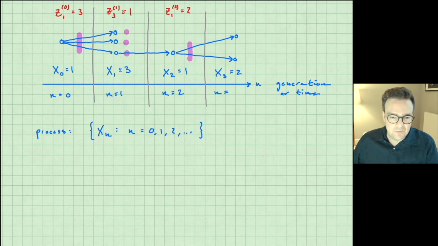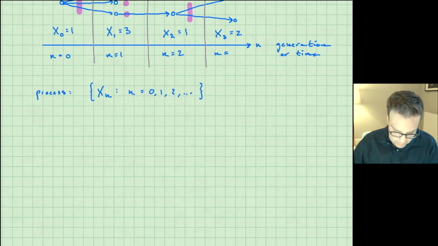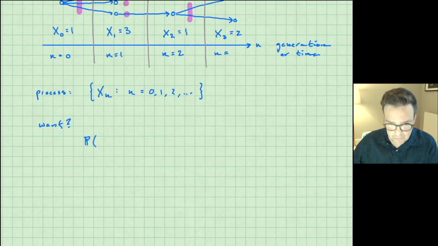You might think that it seems plausible that we would start this discussion by looking at the transition probabilities. So you might imagine that you're interested in computing things like the probability that x sub n is equal to some number i sub n, given that x sub n minus 1 is equal to some other number.